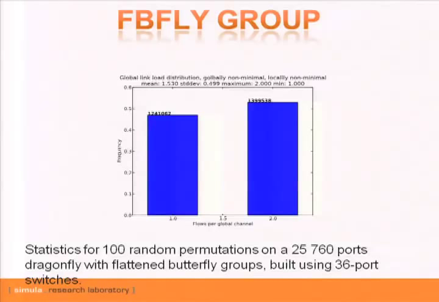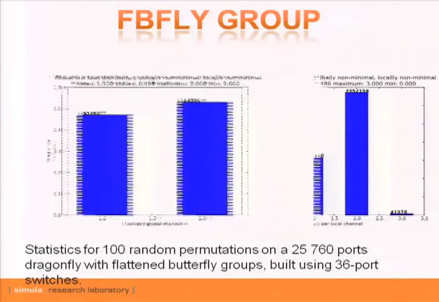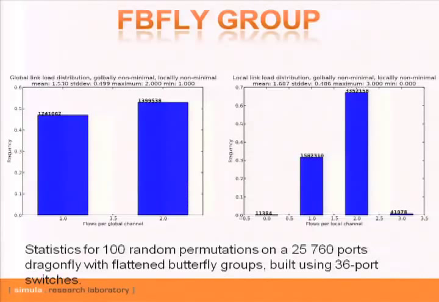Okay, let's then look at the load distribution of the local links. The average number here is 1.69. But we also see that there are some links that have the load 3, consisting of 3 flows or paths here.